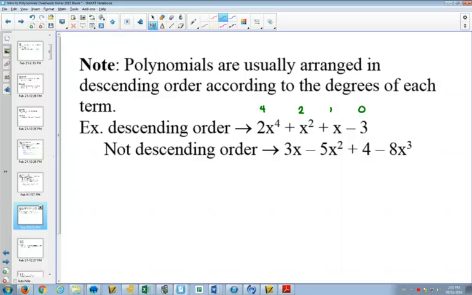That one is in descending order. But this next one isn't in descending order because this one has a degree of 1, this one has a degree of 2, this one has a degree of 0, and that one has a degree of 3. So if we wanted to rewrite that third one in descending order, we would start with negative x cubed, then subtract the 5x squared, then add the 3x, and finally put the 4 at the end.